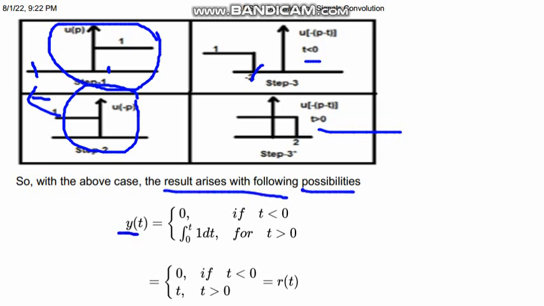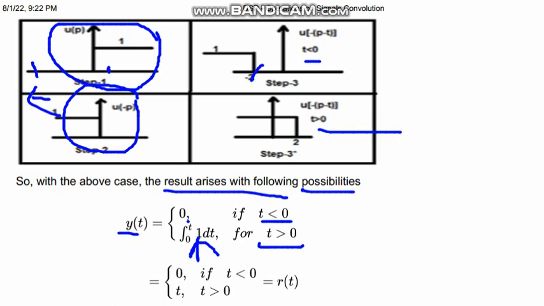That is, y(t) is equal to the integral from 0 to t of 1 dt, where the value of the unit step function is 1 if t is greater than 0, and if t is less than 0, that will be 0, because that is the unique property of the unit step function.